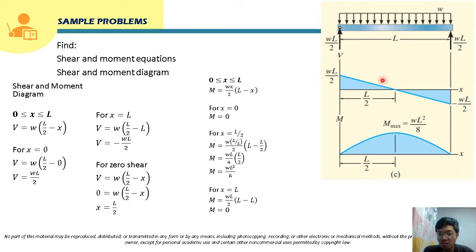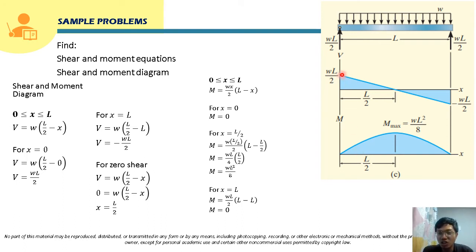So if it is sloping down, the way that we are going to connect the point here to this point, the curve here should be concave downward, since the shear here is sloping down. Right? And class, this is triangle. The shear is triangle. Therefore, the moment, class, will be parabolic.